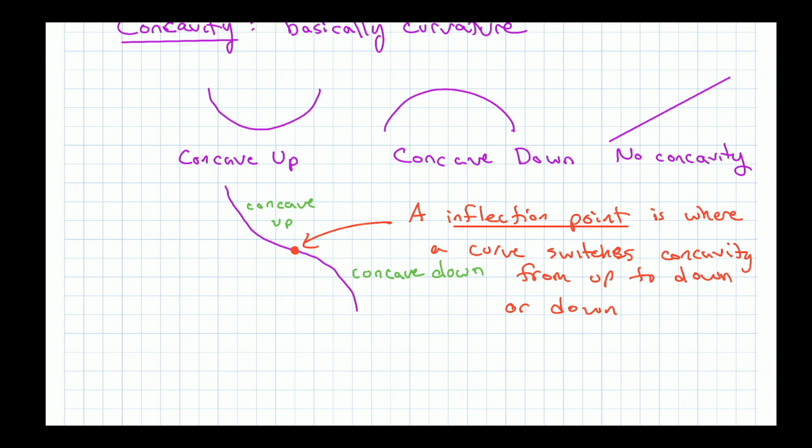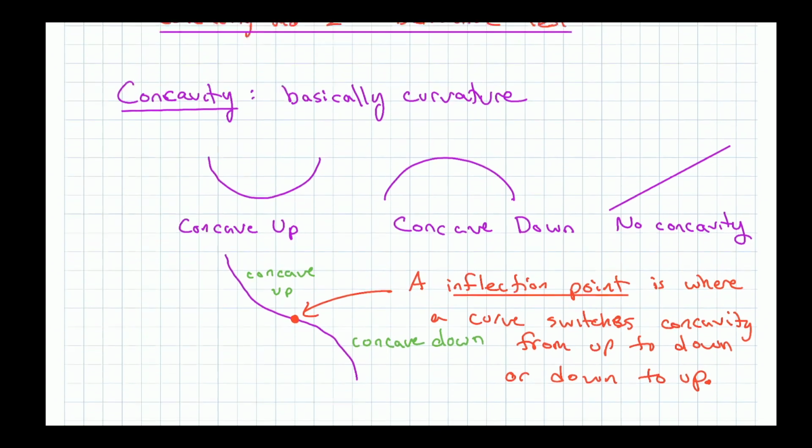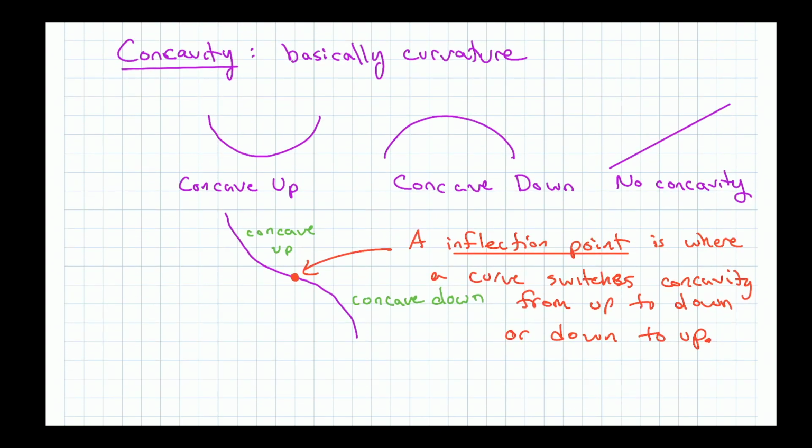It doesn't matter which way it goes as long as it goes. So there you go. That's what you need to know: concave up, concave down, no concavity, and an inflection point.